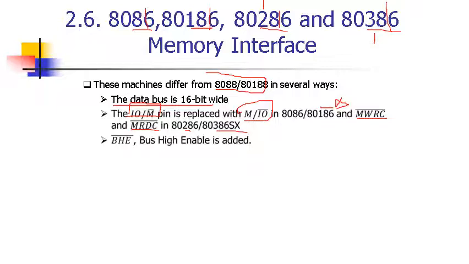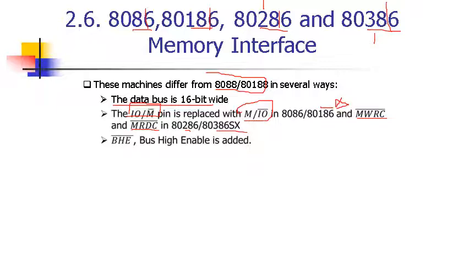Now, your memory is divided into 2 banks, high bank and low bank. Low bank starts from 0 and goes by even steps, 0, 2, 4, and the high bank starts from 1 and again goes 1, 3, 5, 7.